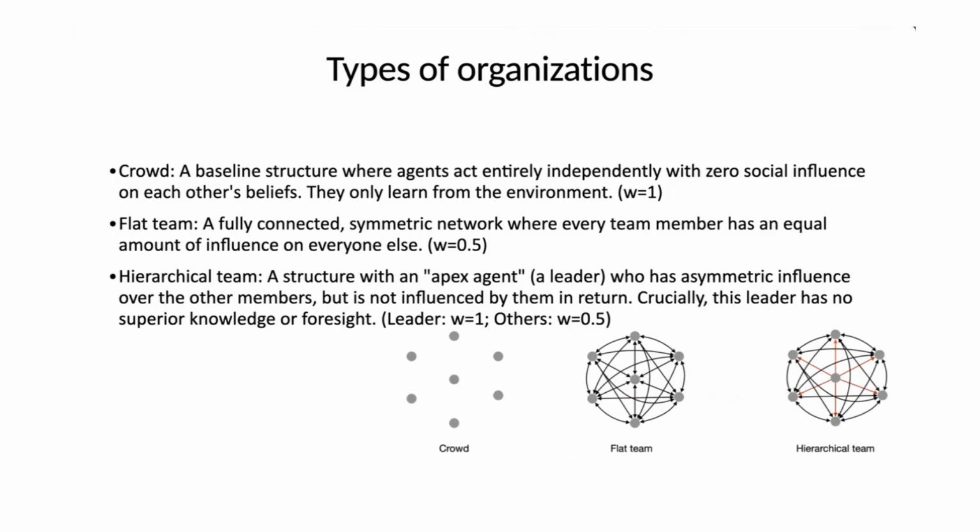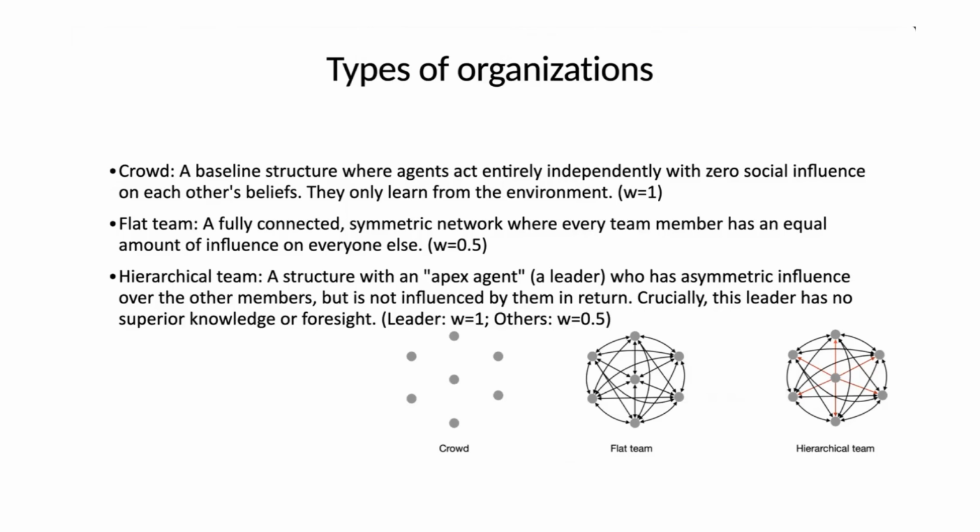Last but not least, we have the hierarchical team, a structure with an apex agent, the leader, who has asymmetric influence over the other members, but is not influenced by them in return. You see this agent in the middle is diffusing its belief to the other agents, right? Because this is a hierarchical structure. So you can think of this agent as the leader, and it's just influencing the other agents, but the other agents do not influence this leader. But the other agents are influencing each other.